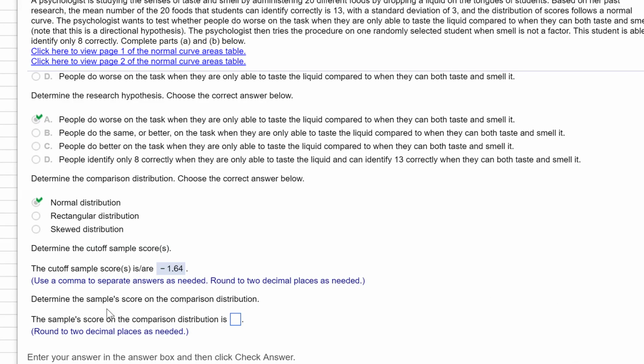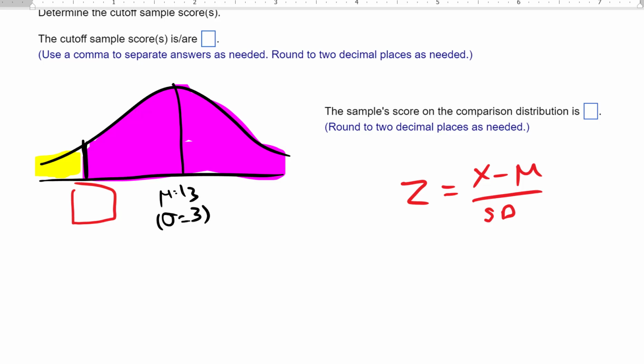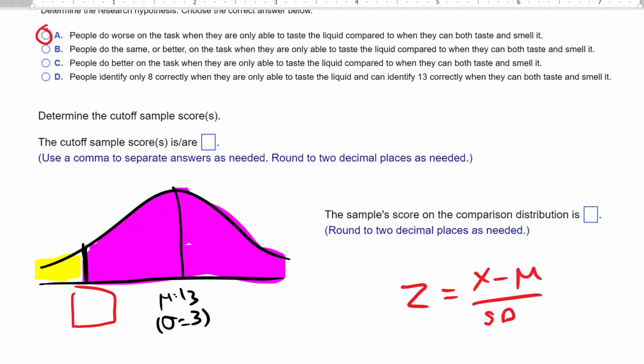Now determine the sample. This is a long part A, isn't it? It says determine the sample's score on the comparison distribution. Okay, so we're looking for that value. We're going to use the z-score, so z equals x minus mu over the standard deviation. If you recall from the problem, 8 was our x value.